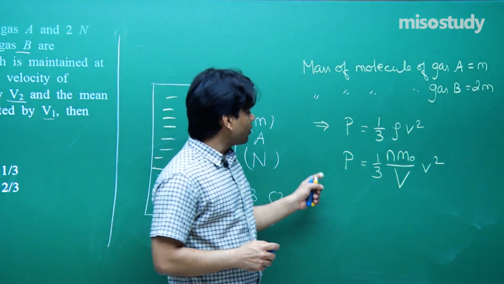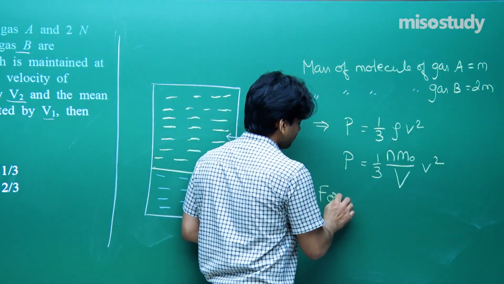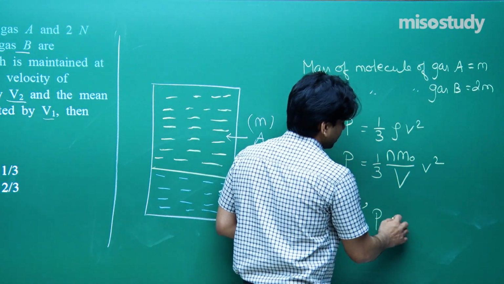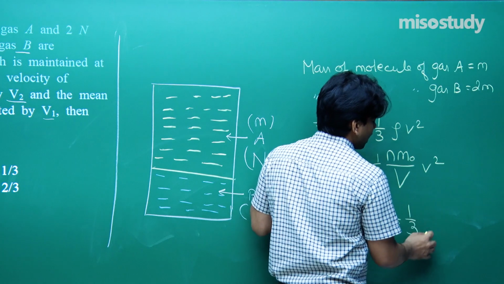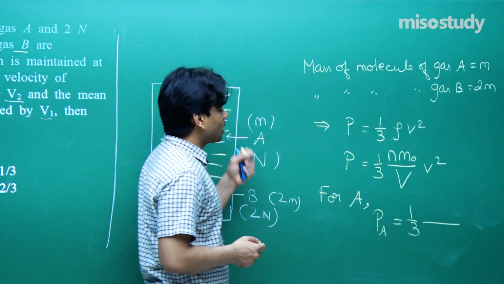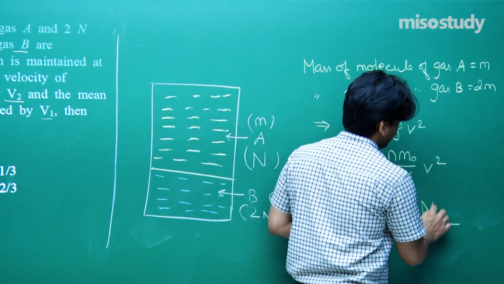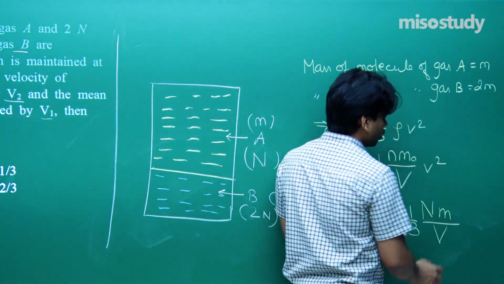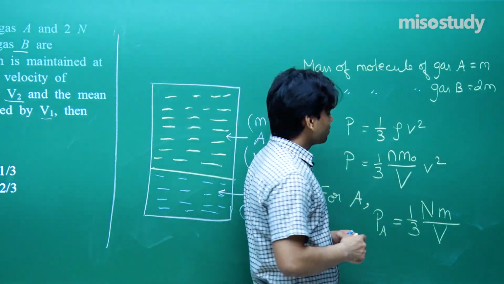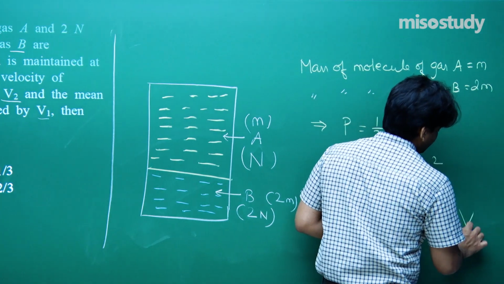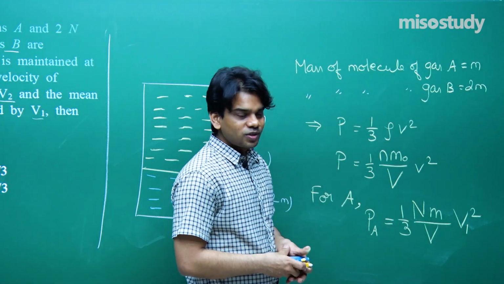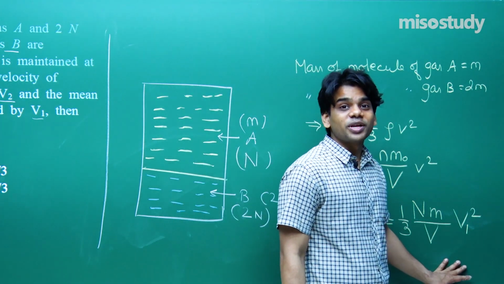Now if I apply for A, we will have pressure of A is equal to 1 by 3 and number of molecules of A, that is given as capital N, and its mass is m, upon total volume. You have to use the total volume V of the container, because it's the same container. And this will be V1 whole square. This is for the pressure of A.